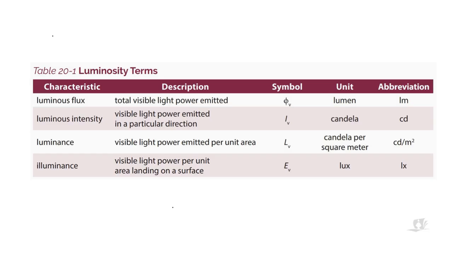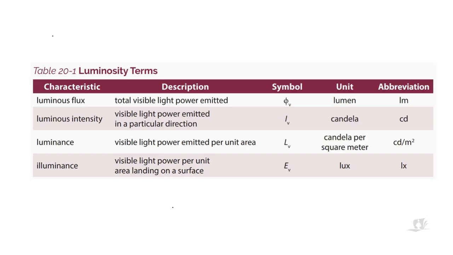And illuminance is the visible light landing on a specific surface. They sound very, very similar, so you need to distinguish in your brain what the difference is. The difference between flux and intensity is all directions for flux, specific direction for intensity. Luminance is the power that is emitted, but illuminance is emitting it onto a specific object.